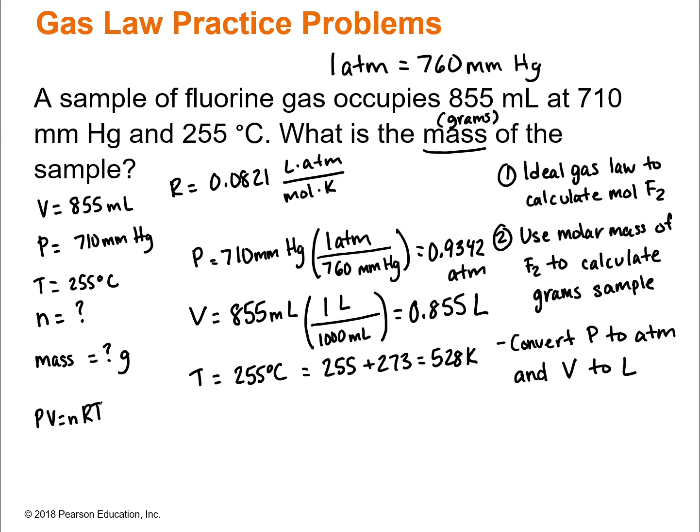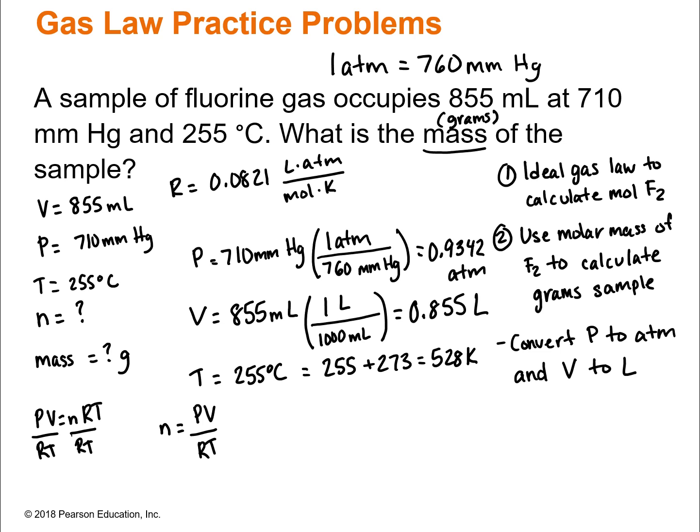We need N, so we're going to divide both sides by RT. So we just did several things here. I want to make sure we're good with this. We said we've got to use the ideal gas law first.